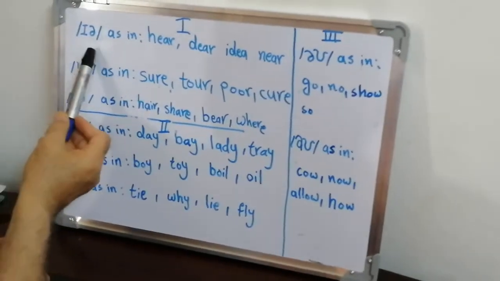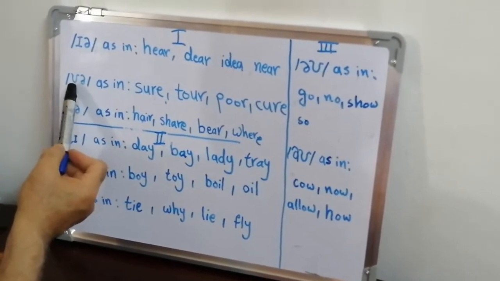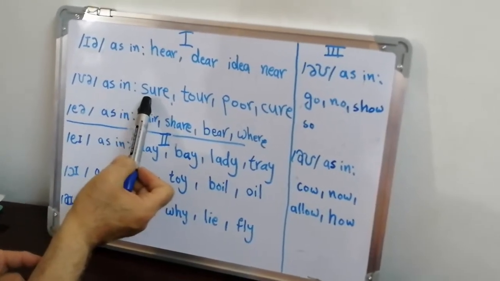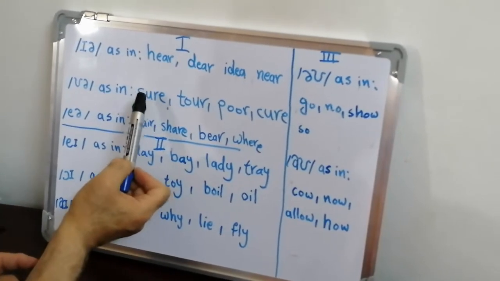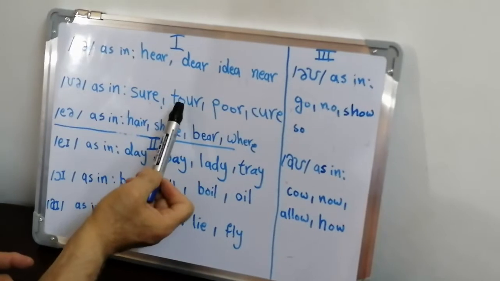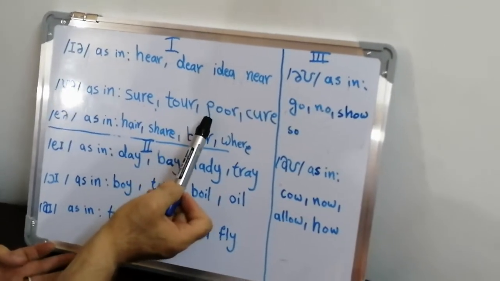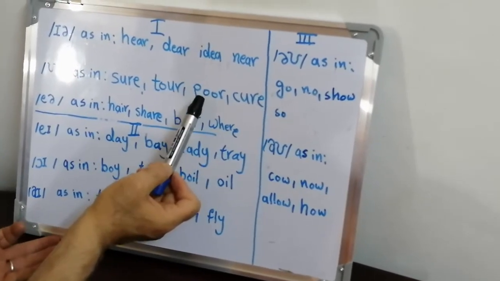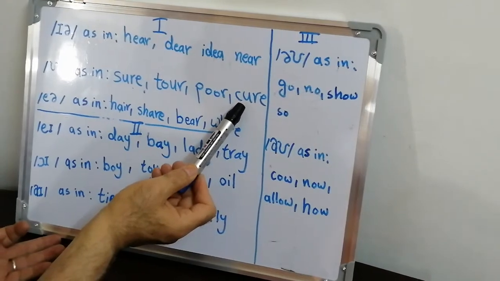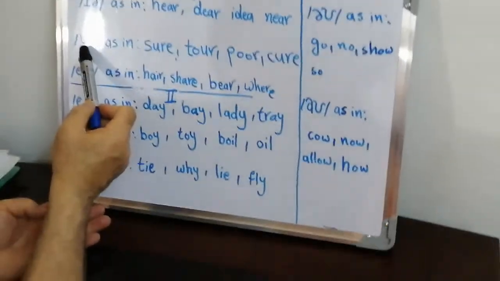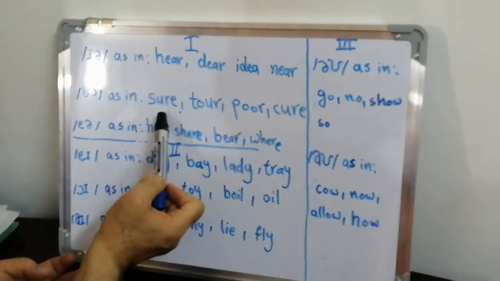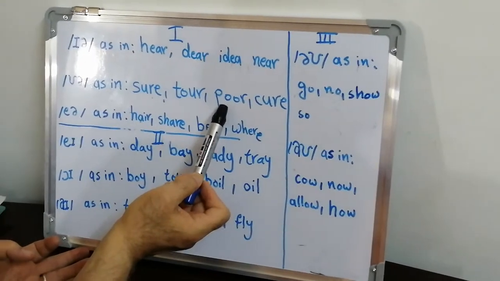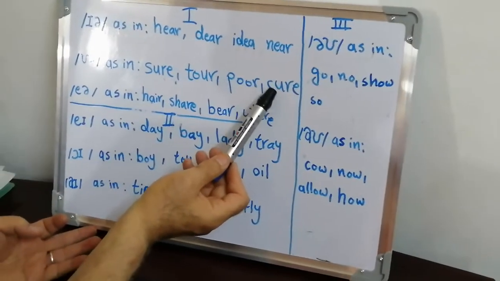The second vowel sound, which also ends in the schwa, is pronounced as ua, as in sure, tour, poor, cure. So this is ua, as in sure, tour, poor, and the word cure.